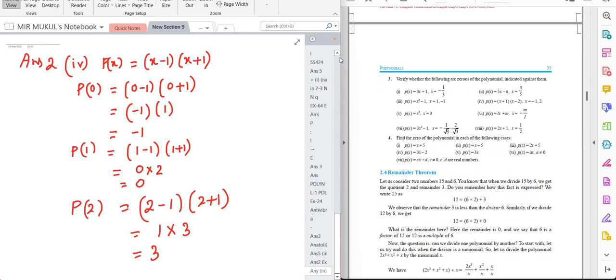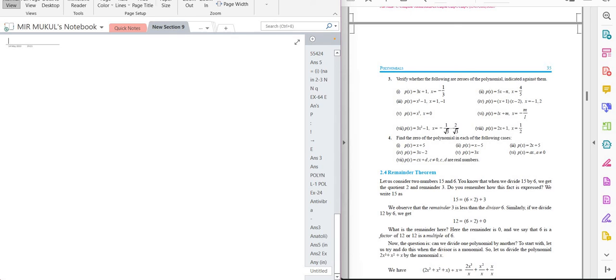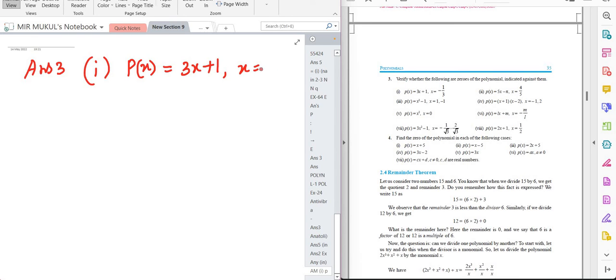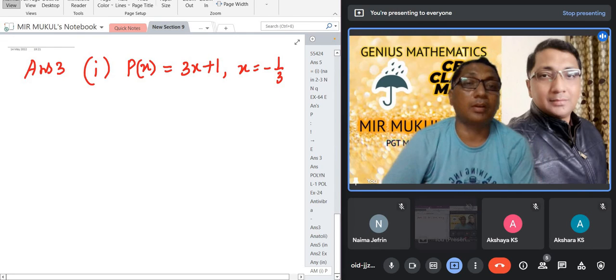Acha, question number 3, a few more questions I am showing you in the video. Already 2 I explained, so some more questions I am explaining. So answer 3. First question, here P(x) equals 3x plus 1, and you have to check whether x equals minus 1 by 3 is a zero or not.